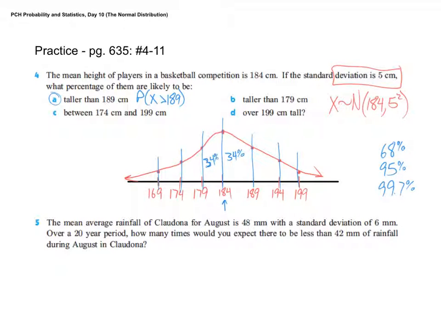We already said that to be above the mean has a 50% chance. So it would be 50 minus the 34. Very good, okay? So 0.5 minus 0.34, we've got a 16% chance of being taller than 189 centimeters. Does that make sense?